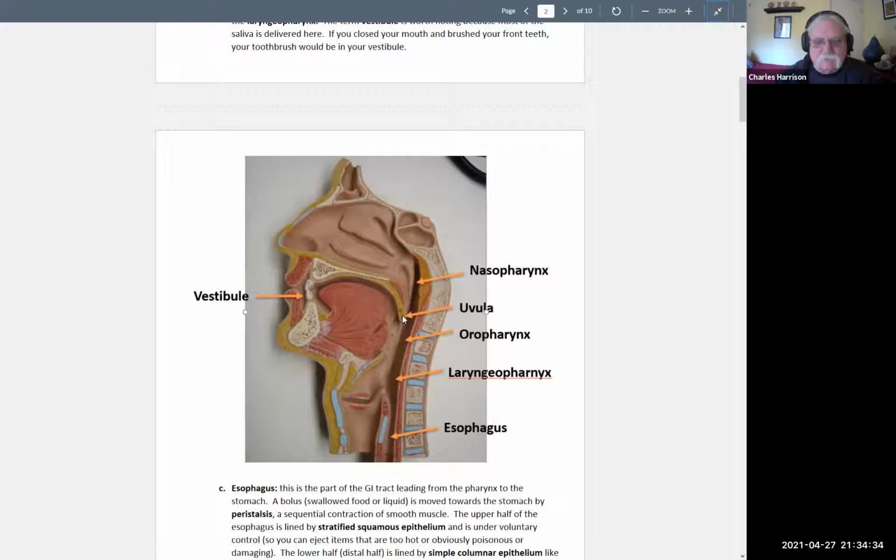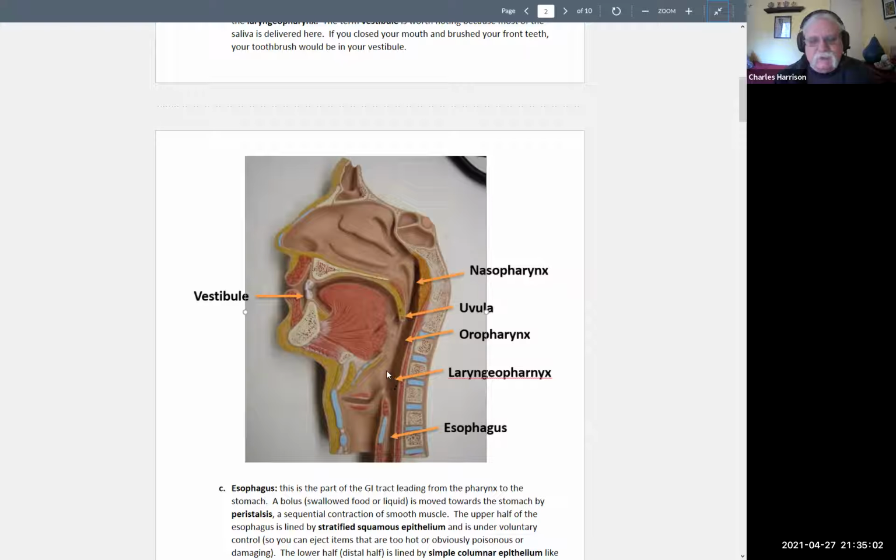That's not a part of the pharynx. It's just a marker here. What you can see looking into the mouth to the very back is the oropharynx. And when anything that is swallowed goes out of sight below the oropharynx, it enters into the laryngopharynx.